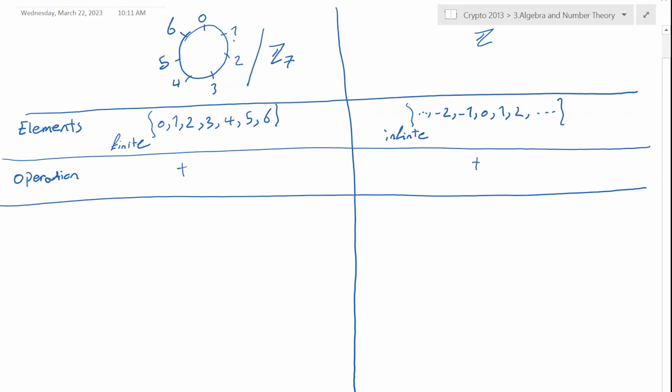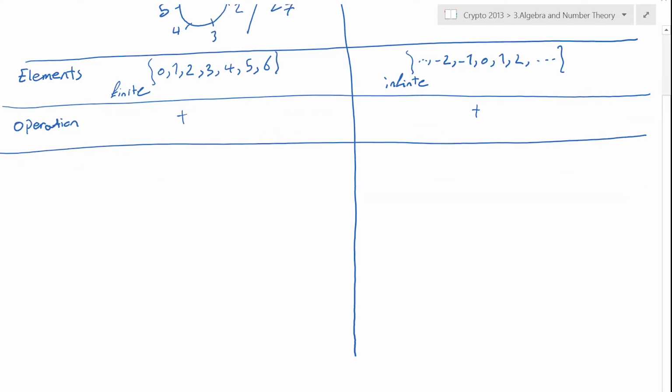I'm at clock 1, I add 2 hours, I end up at 3. I take an integer 4 and I add 2. That addition is defined in these sets. A lot of this comes for granted, but when we talk about different sets, things start to make sense, and you will see that the operation doesn't always have to be plus.